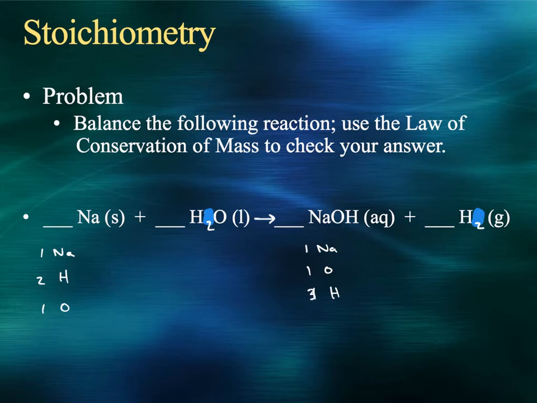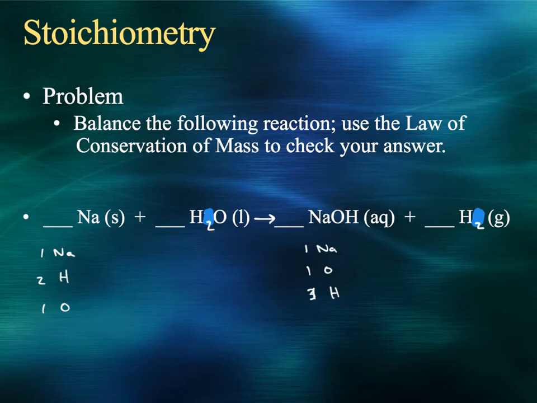Okay, so we're going to need to do a little bit of reasoning here. Sodium is all the same. The oxygen is the same. The hydrogen is not. So we got to come up with a way to balance that. Well, over here on the right, we have more of it than we do over here on the left.